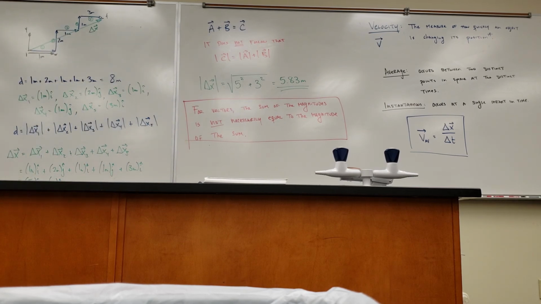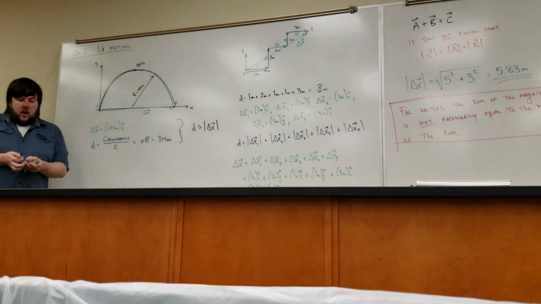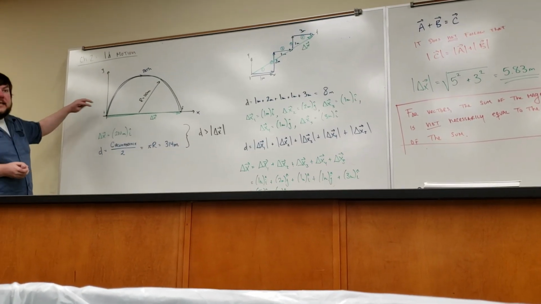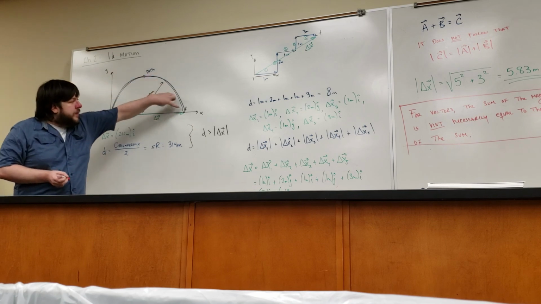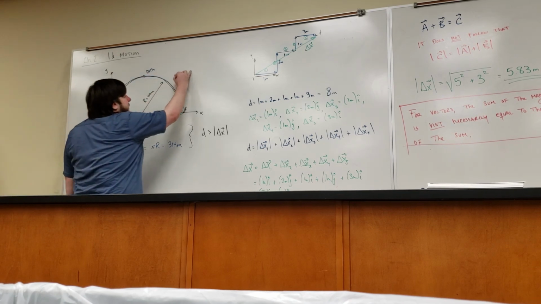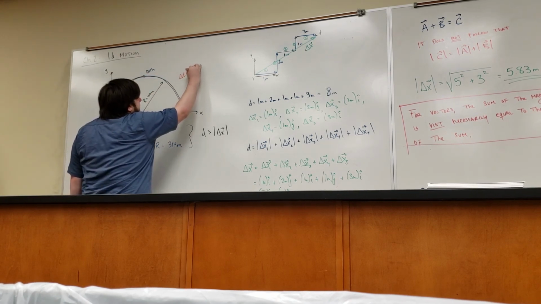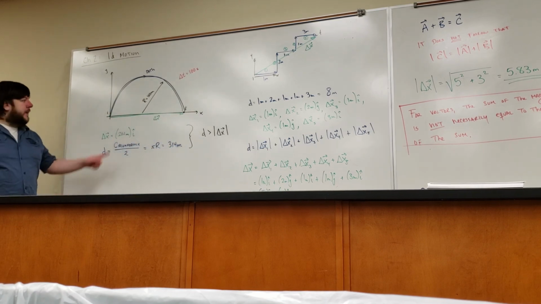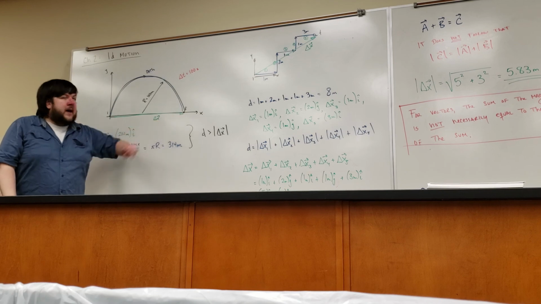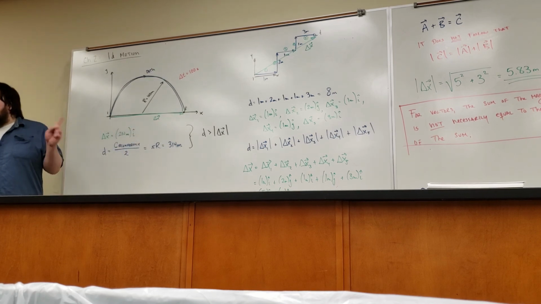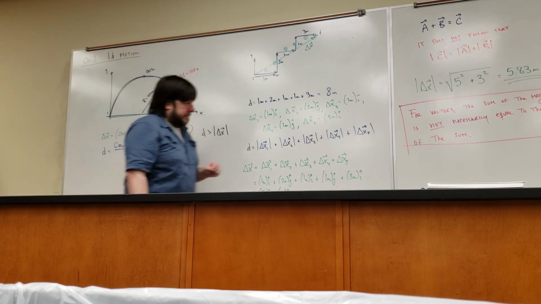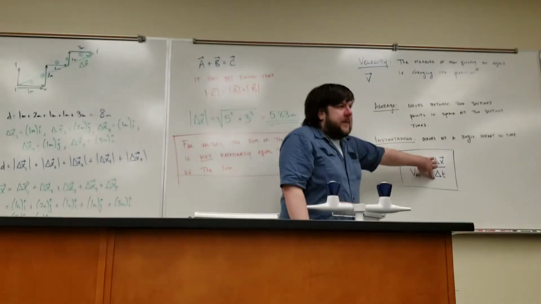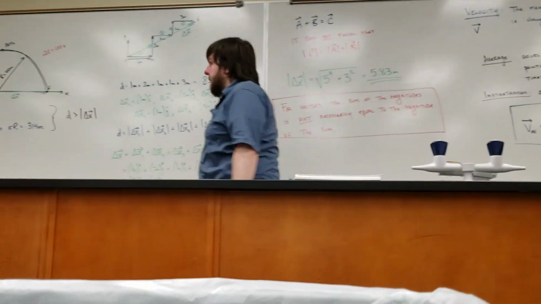Let's look at this problem right here. What if I told you that the jogger can get from the initial point to the final point in an amount of time, delta t, of 100 seconds? The jogger's average velocity would be the jogger's displacement divided by the jogger's time.